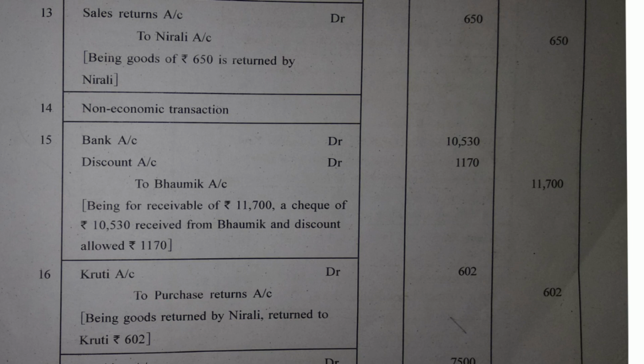To Kruti. So Kruti is receiver, Kruti account debit, to purchase returns account. Goods goes out and hence purchase return account is credited. Now let us talk about the amount. If you remember, goods have been sold to Nirali at a selling price of 16,200. And those goods are of rupees 15,000 actually.